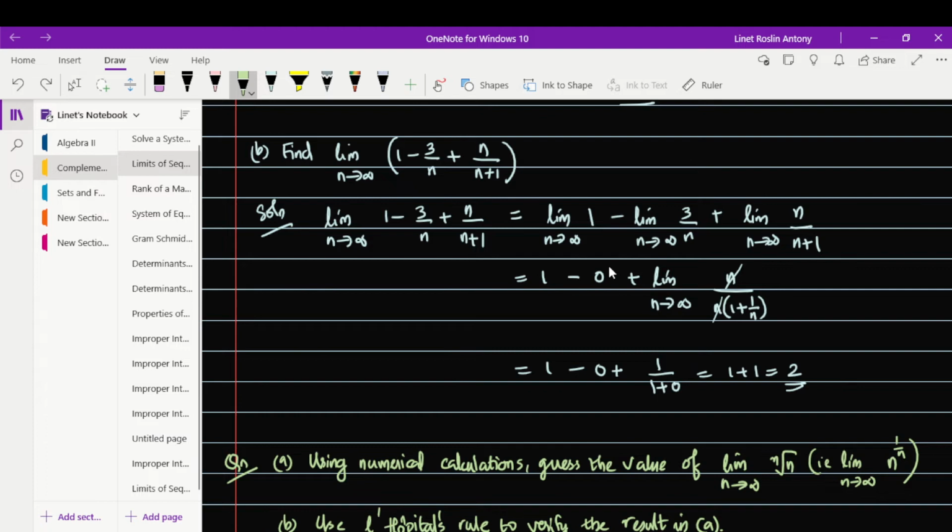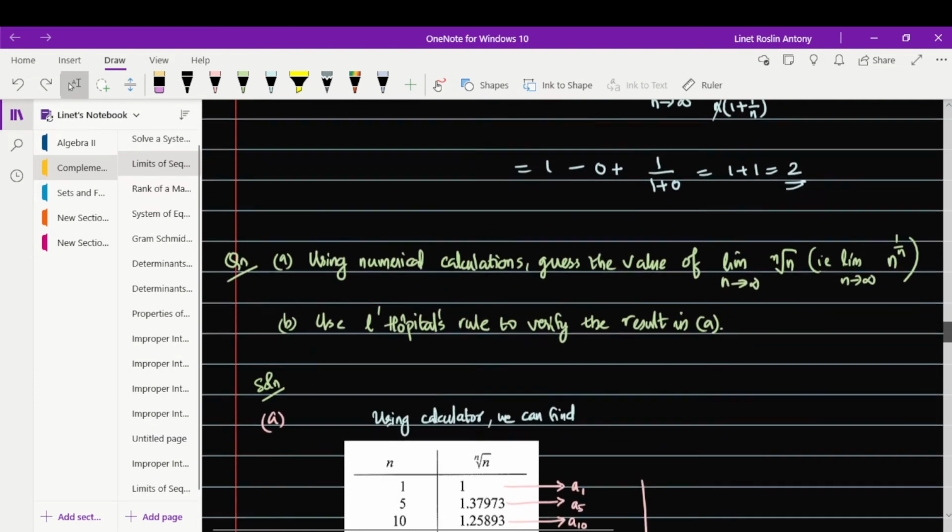That is equal to 1 minus, this limit will be 0, plus limit n tends to infinity, you just take n out from the denominator. So you can cancel n and n, and you get 1 minus 0 plus, applying the limits, 1 by 1 plus 0, that is equal to 1 plus 1. So 2 is the limit of this sequence.